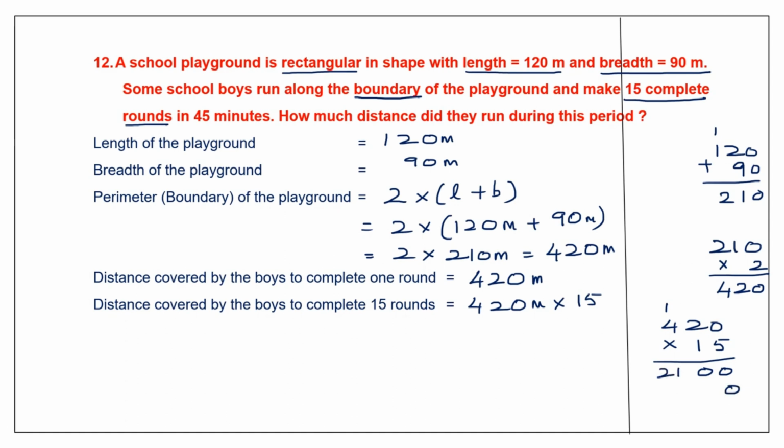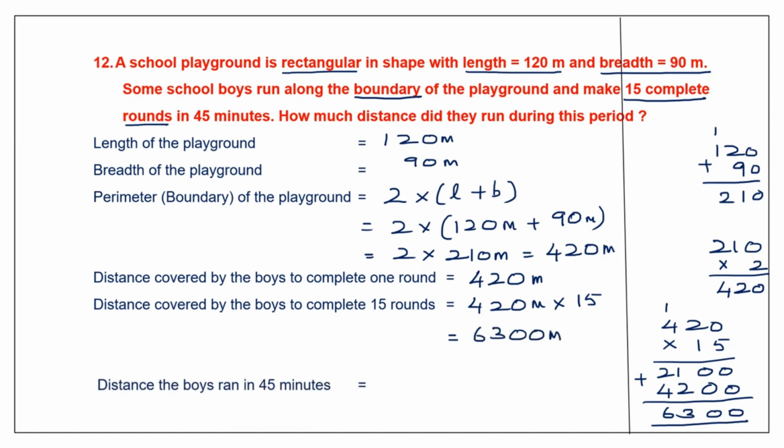Second step, 1 zeros are 0, 1 twos are 2, 1 fours are 4. Plus 0, 0, 1 plus 2 is 3, 2 plus 4 is 6, 6,300. So the distance covered by the boys to complete 15 rounds will be 6,300 meters. So the distance the boys ran in 45 minutes will be 6,300 meters. This is our final answer.